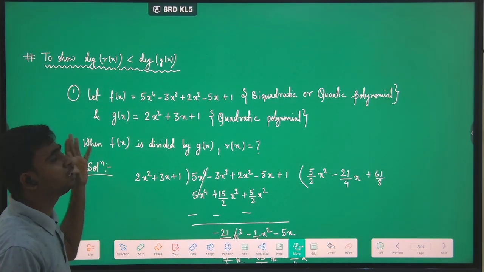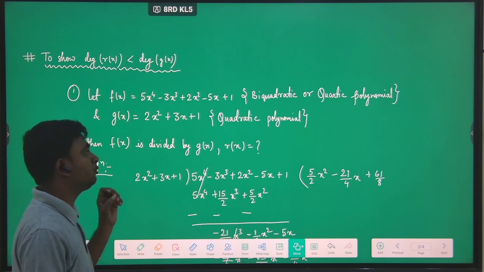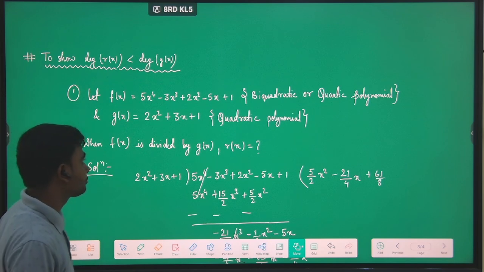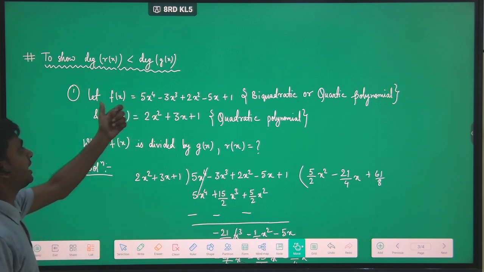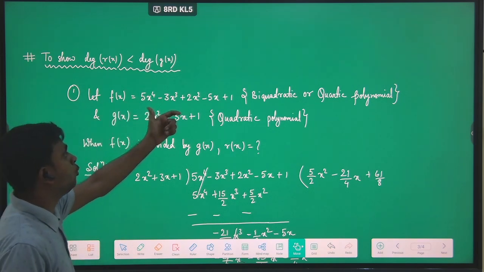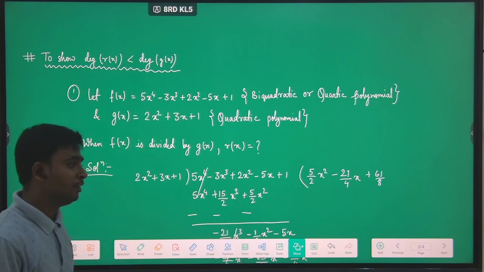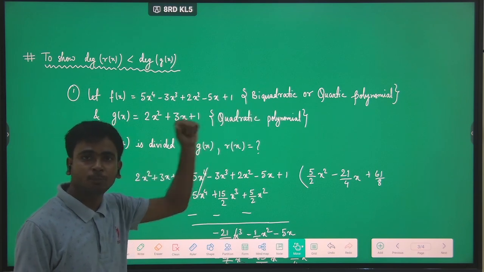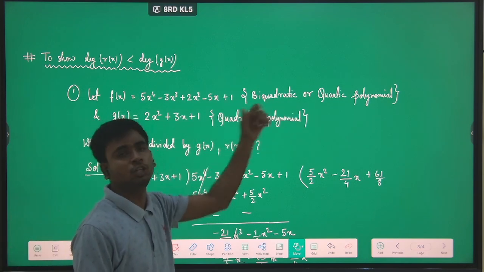So let us assume some examples on the basis of which we can say that this is always true. Let us suppose that our fx is a fourth degree polynomial.